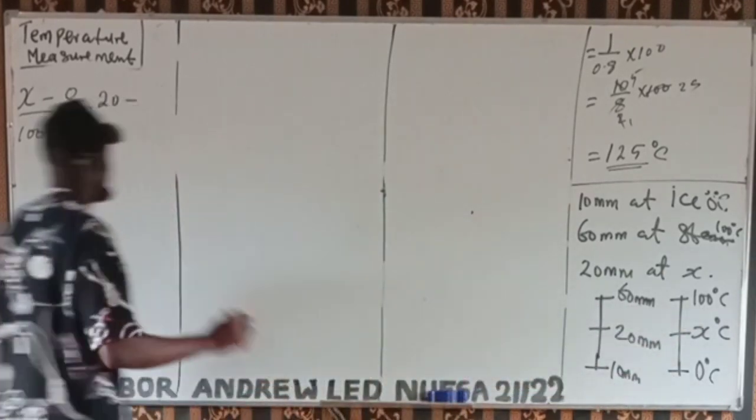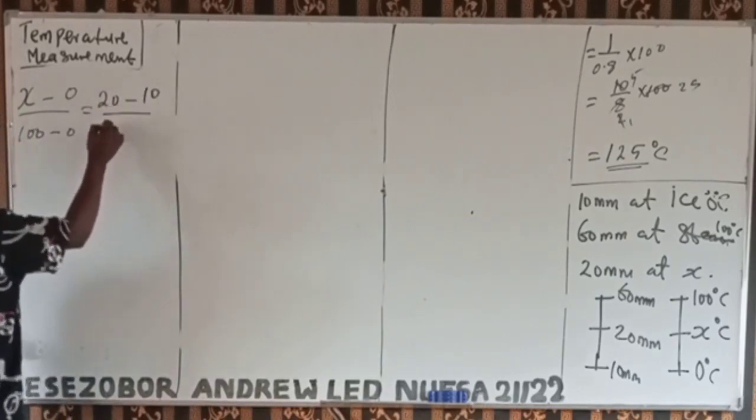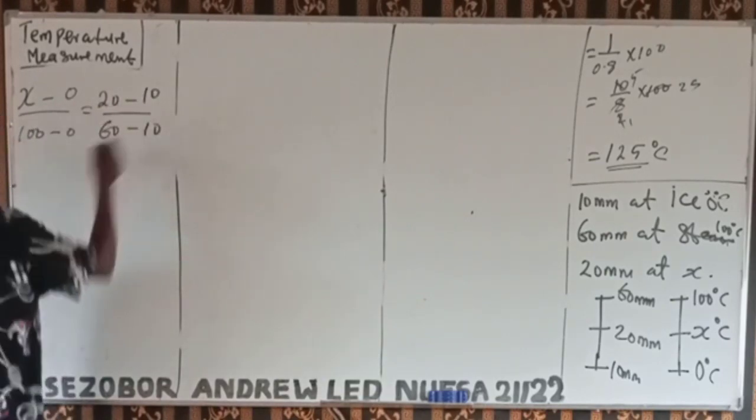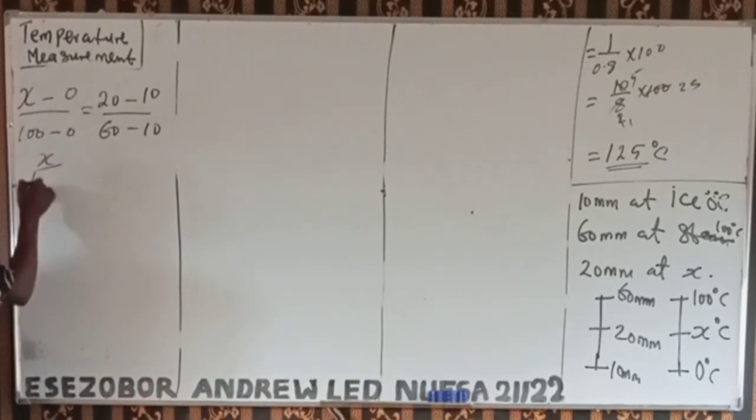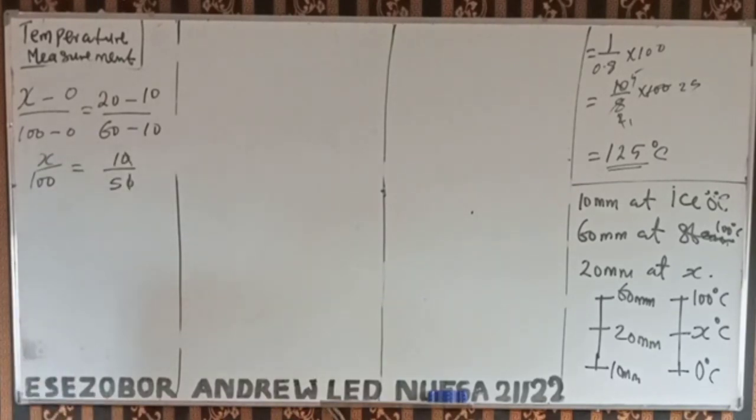So minus 10, over 60 minus 10. So that gives us x over 100 equals 10 over 50. I'll cancel the 0, and this will give us 0.2.